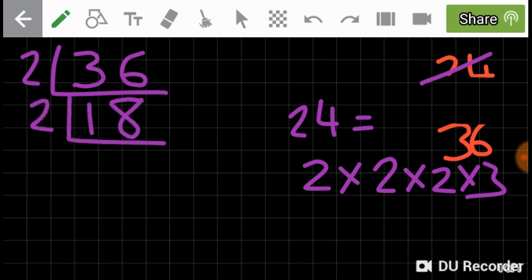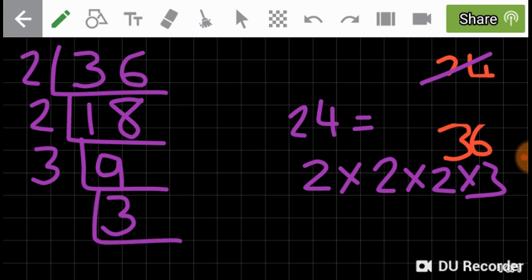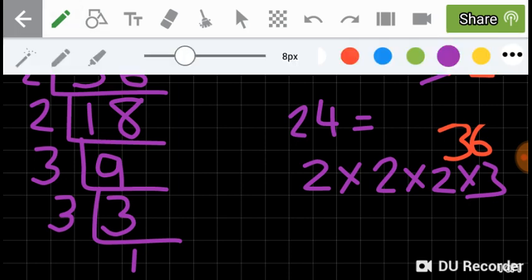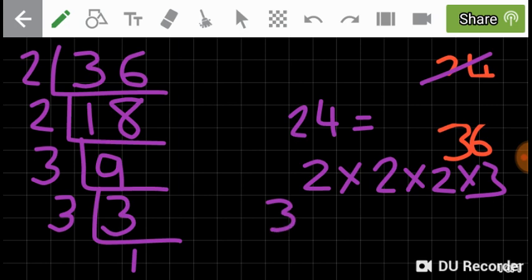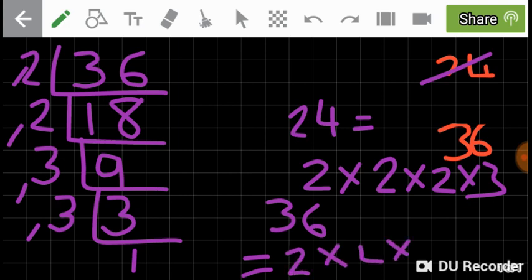Dividing 18 by 2, we get 9. Then we put 3 here, so 3 threes are 9, and another 3 gives us 1. So the prime factorization of 36 is 2 times 2 times 3 times 3.